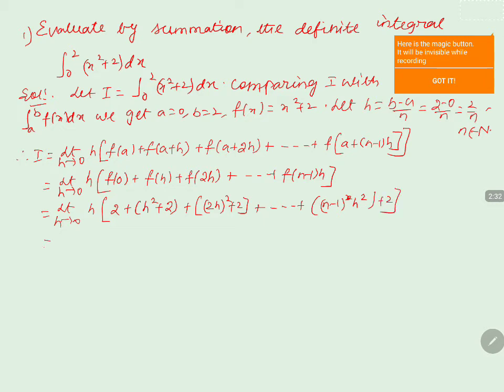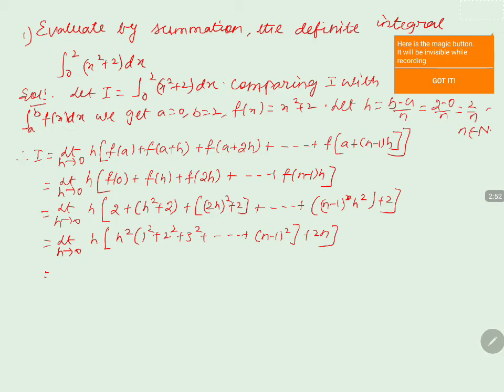Then we'll write it as limit h tends to 0, h into [h square into (1 square plus 2 square plus 3 square plus so on plus (n minus 1) whole square) plus 2n].